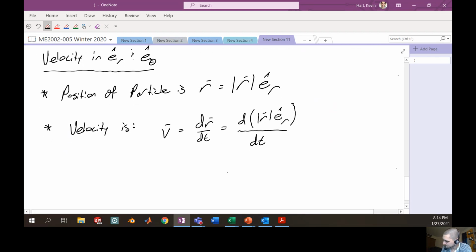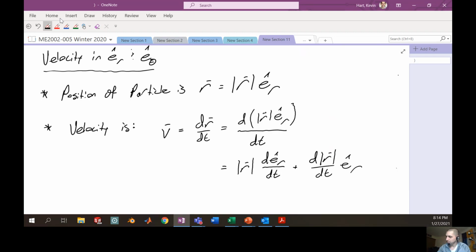Here we do the product rule: u dv plus v du. We leave the magnitude of r alone, times the derivative of the second, plus the derivative of the first times the second.